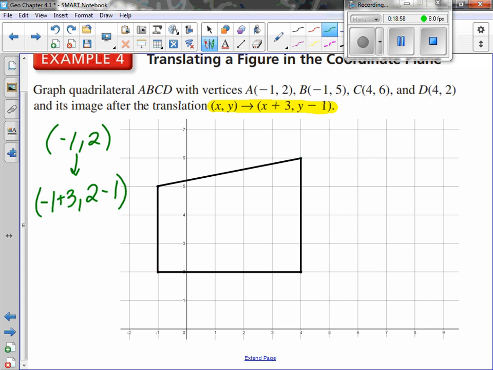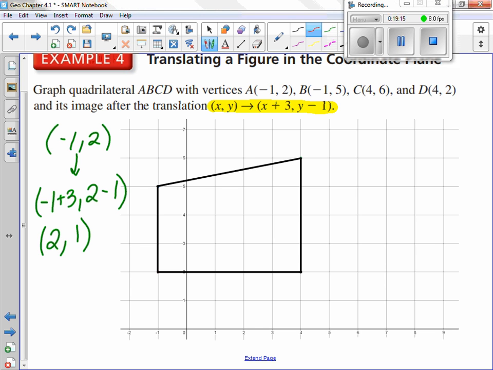X was negative 1, so negative 1 plus 3 comma 2 minus 1. Negative 1 plus 3 would be 2. 2 minus 1 would be 1. So our new A value, negative 1, 2, which was down here, is now at 2, 1. Here's our A prime.